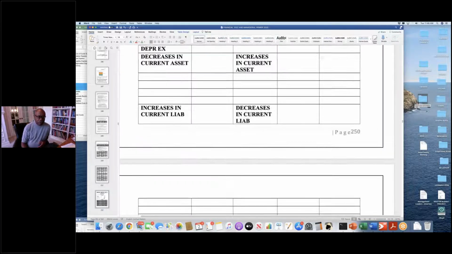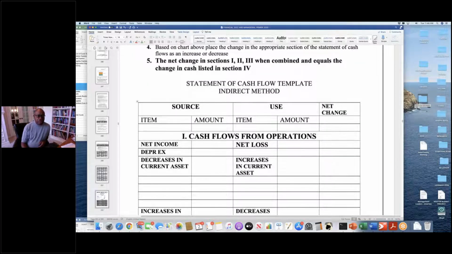That's first. Then the second thing you're going to do, you're going to put the net income in, okay? You're going to go to the income statement and put the net income in. And that's the second thing you're going to do. Or if it's a loss, you'd have it over here. But the second thing that you do is you put in the net income or the loss.